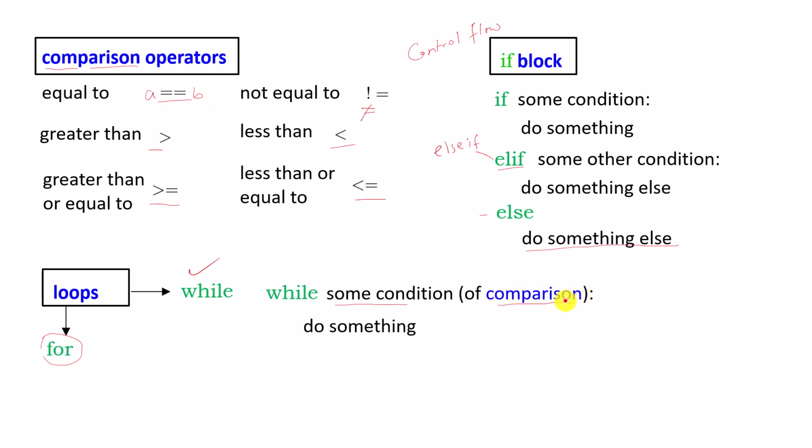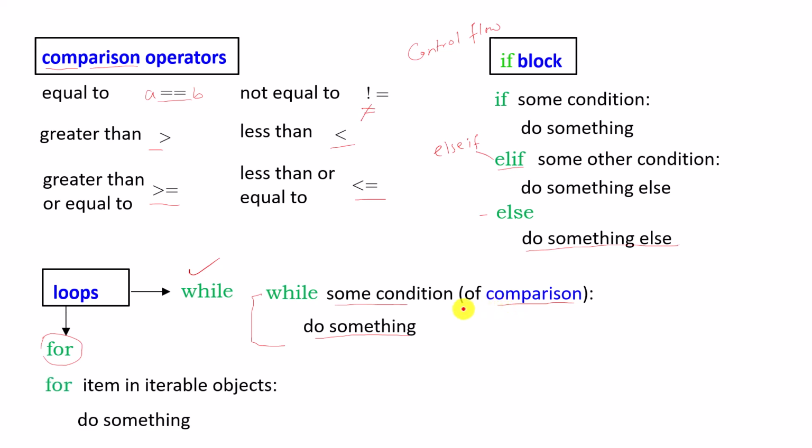If these conditions are satisfied, it will do something. Now, what is the difference between if block and while loop? Well, the difference is that until these conditions are not satisfied, the while loop will continue to do something, whatever we have asked it to do. So this is a loop. The program will run in this loop here, and it will continue to do whatever we are asking it to do unless this condition is not satisfied.